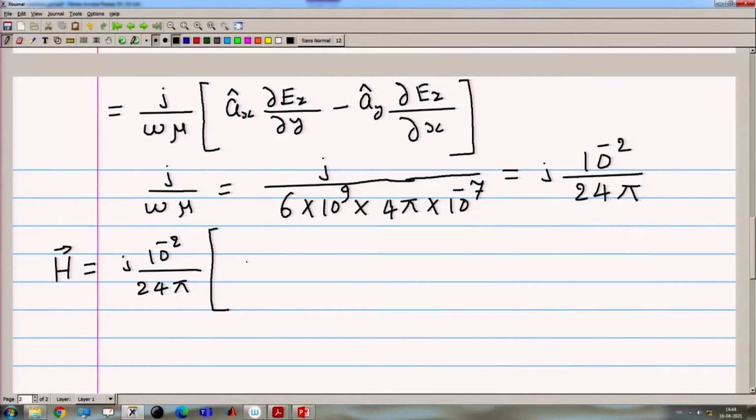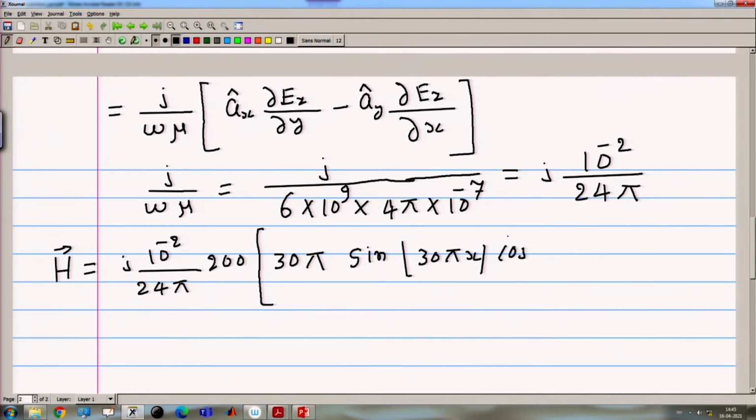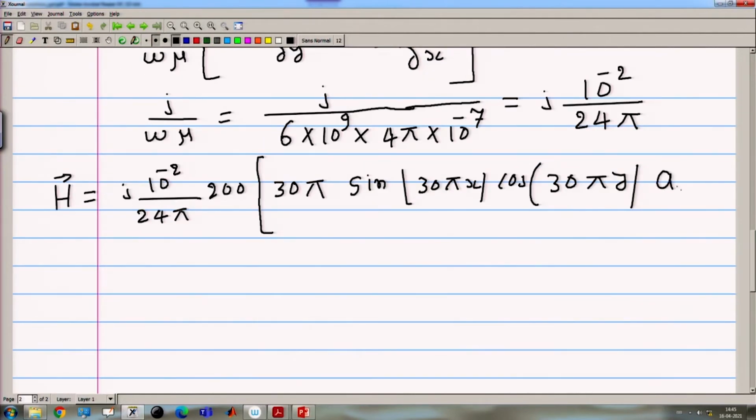Then del E z by del y means 30 pi sine of 30 pi x, and sine will be cos in the second case, because it is del upon del y cos of 30 pi y, into a x.